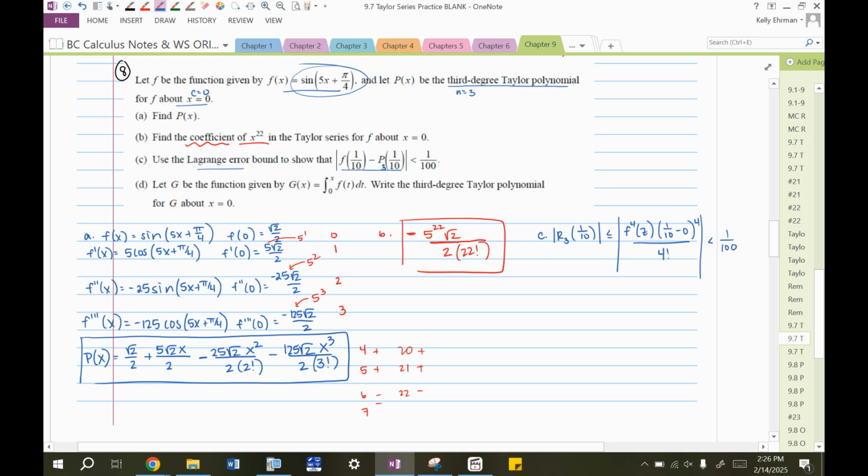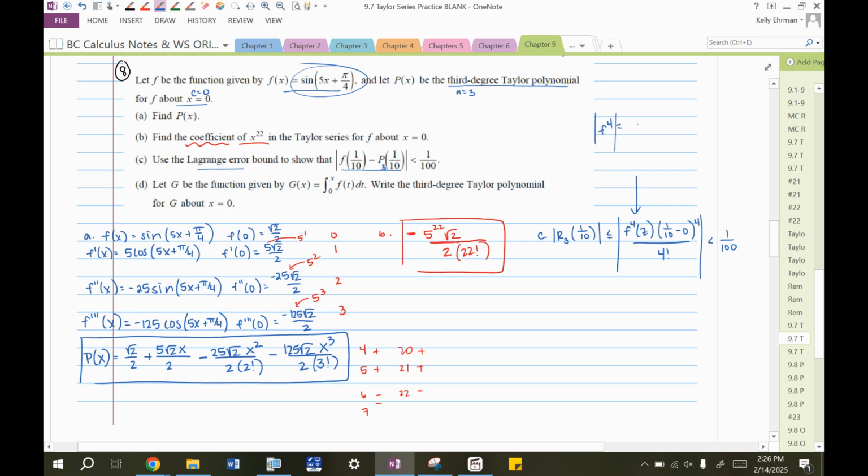Okay, now be careful. We have a sine and cosine function, but we have numbers out in front of them. So we found the third derivative. The fourth derivative, what's 125 times 5 in absolute value?